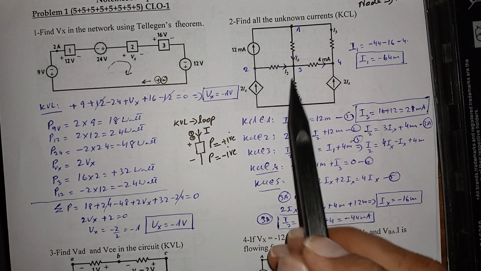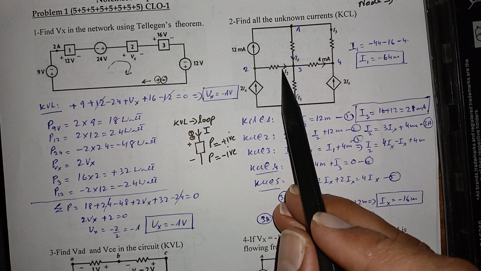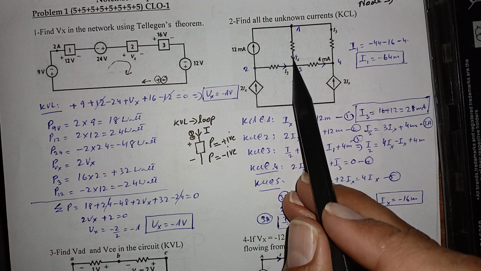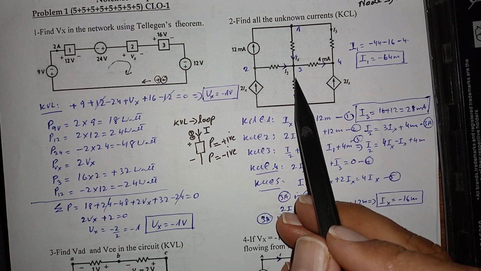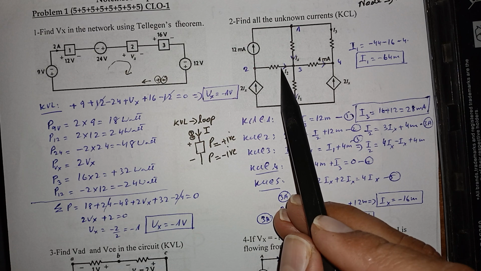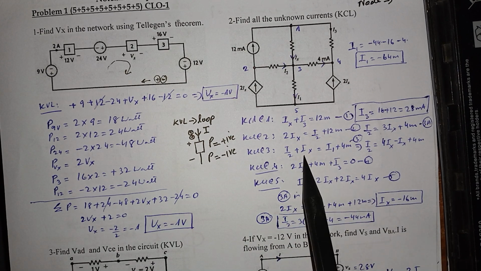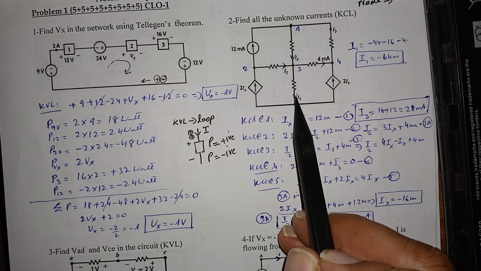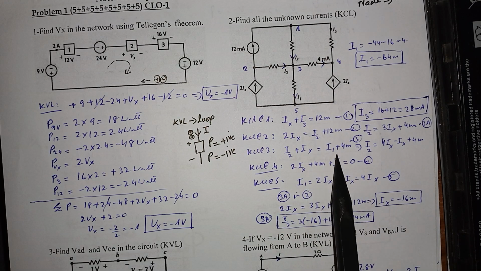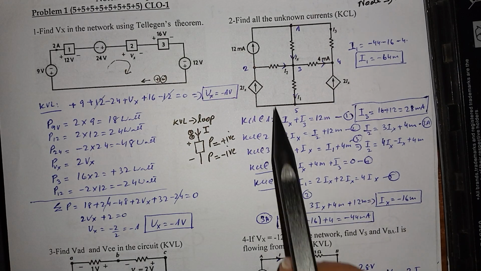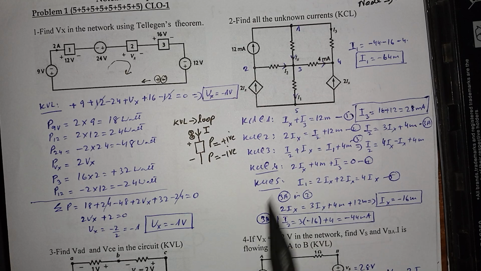Similarly at node 3, this is entering the node, this is also entering the node, this is leaving, and this is leaving. So I'll add them on one side, I2 plus Ix, and I have added Y1 plus 4 milli on the right hand side. So I end up with the third KCL.